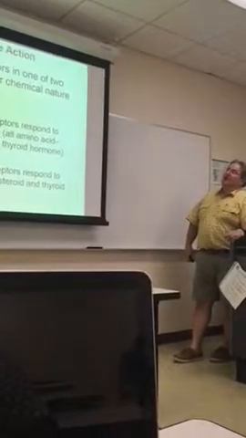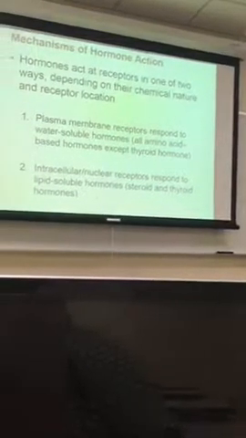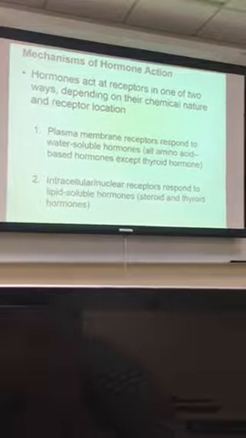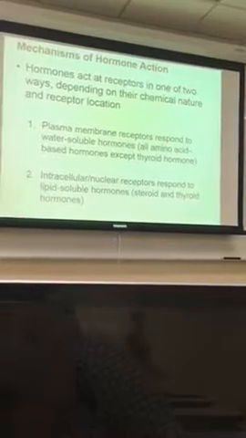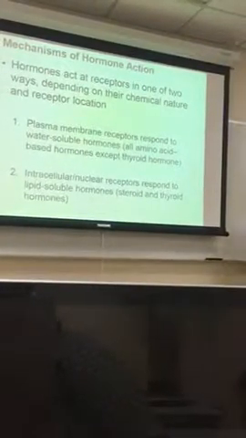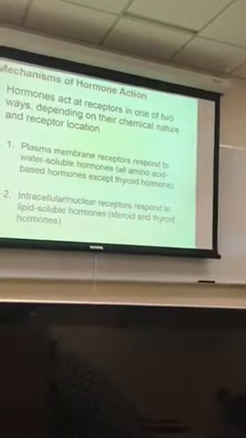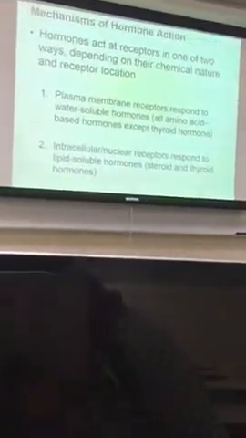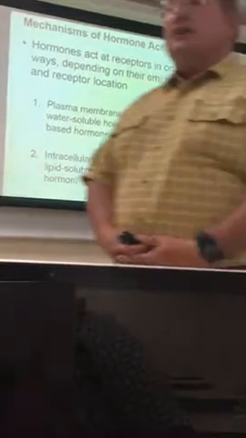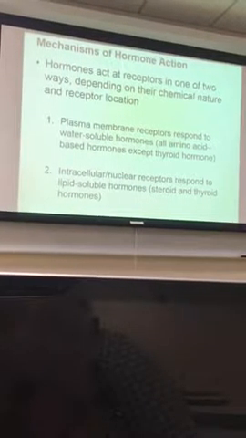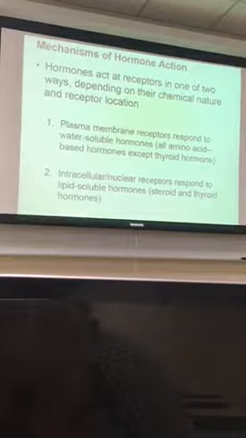Mechanisms of hormone action. There has to be a receptor present in the target cell. The question is, where is the receptor going to be? So far in this class, the place where we see receptors the most is at the membrane of the cell.